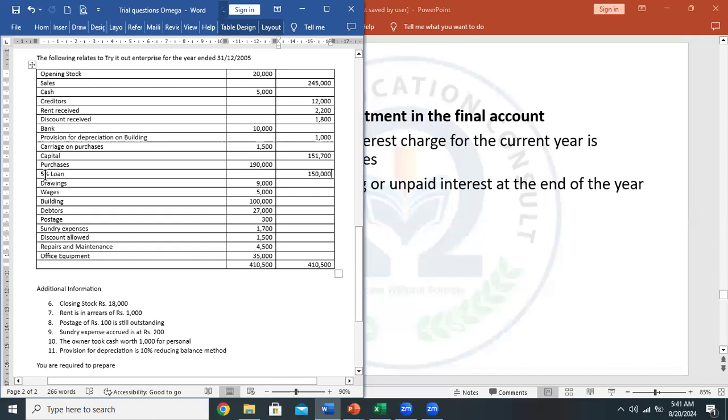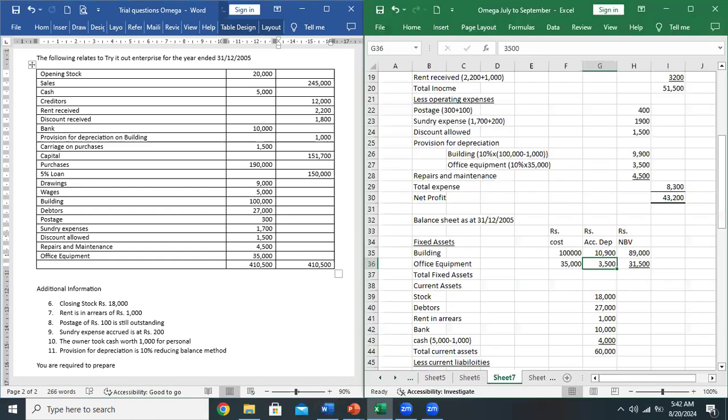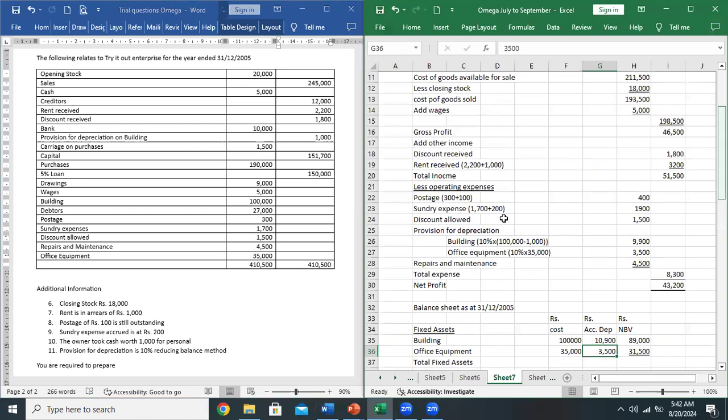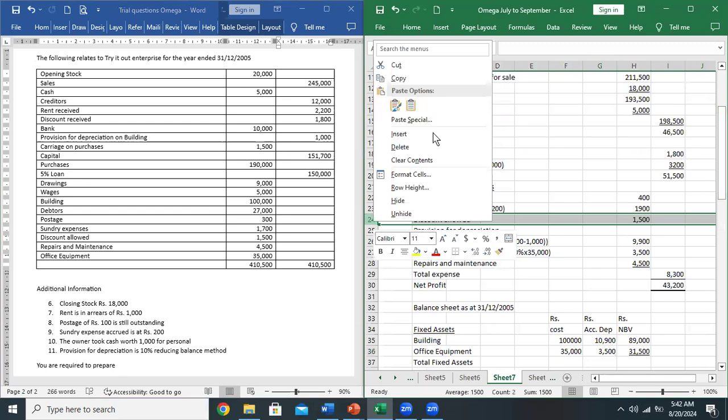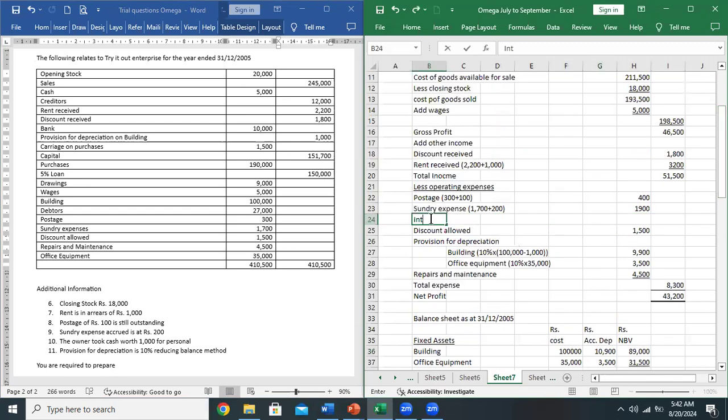Dear professors, don't waste time. If they ask you to calculate, or if you see this in your profit and loss account, just calculate the interest, because interest on loan is an expense. So under your expenses, you just indicate interest on loan. Then you apply the rate, so in this case, 5% times the loan amount, 150,000.